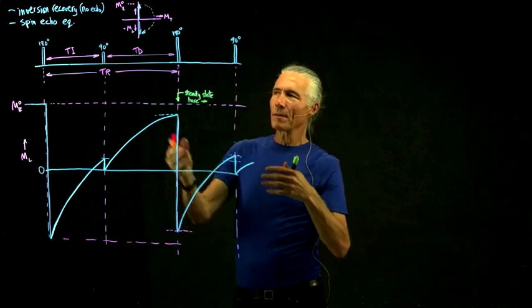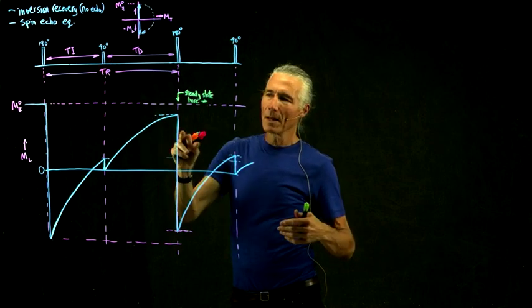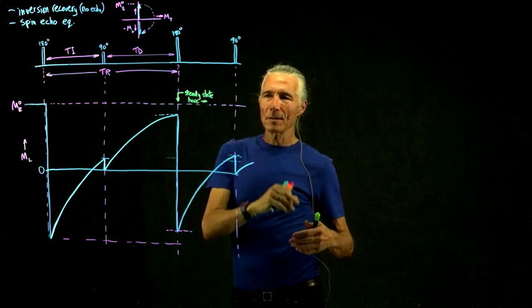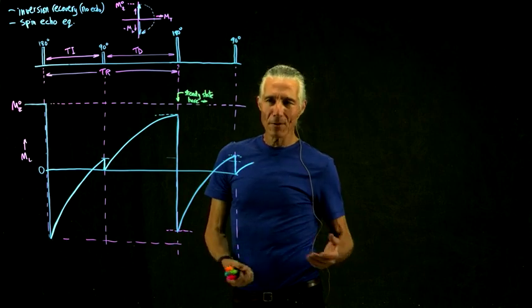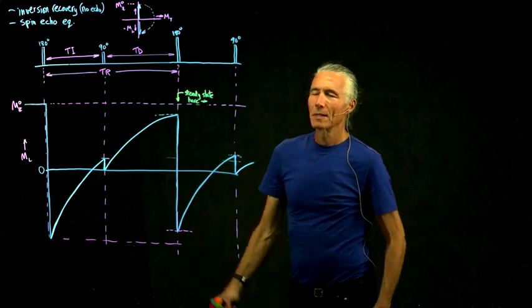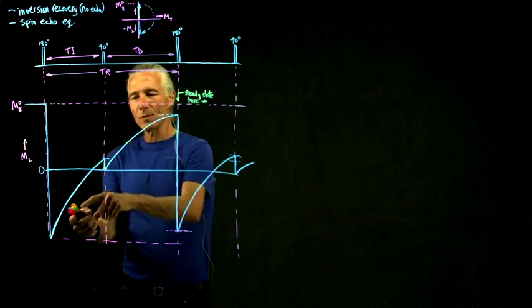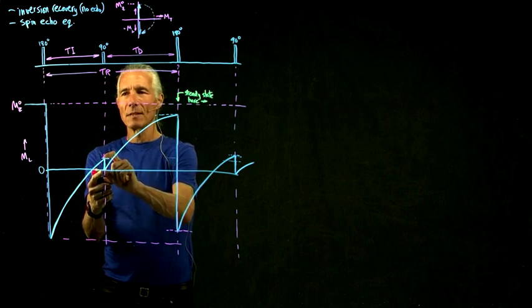So if you just keep doing this sequence, keep the TR the same and the TI the same, once you get to this point, nothing's going to change. You'll get the exact same thing every time, assuming you have perfect 90 degree pulses, which of course you don't, but it's important to. So only the first one will have this lower amount of recovery.